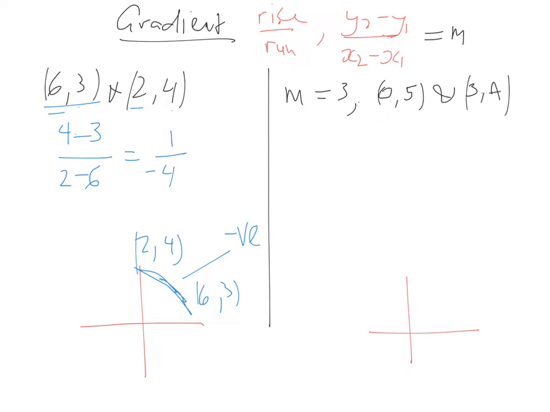So as we see, we're going that way, negative 4. We can look at it and say, okay, we've gone from 6 across to 2, so we've gone across 4 units. We've gone from 3 up to 4, so we've gone up 1 unit. Wow, that's interesting.